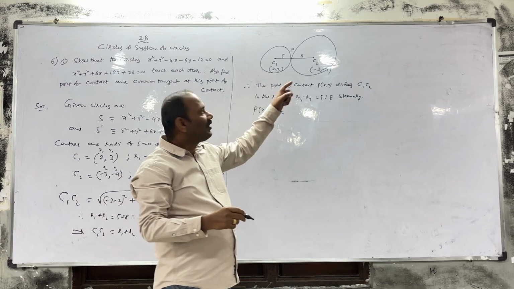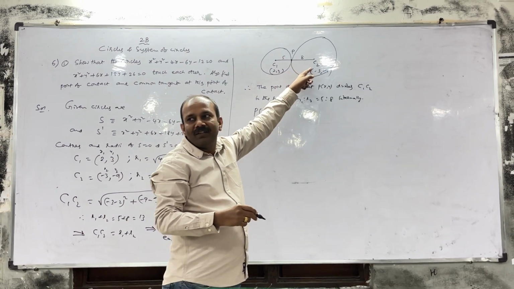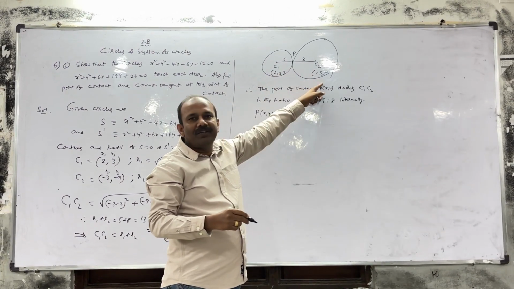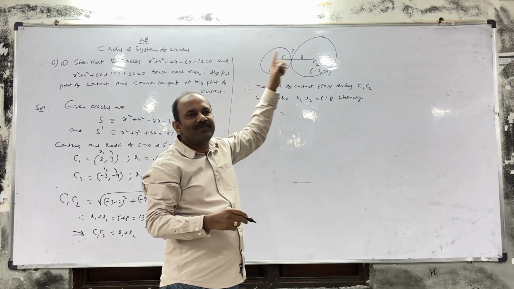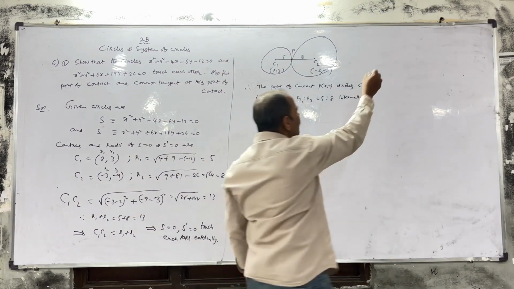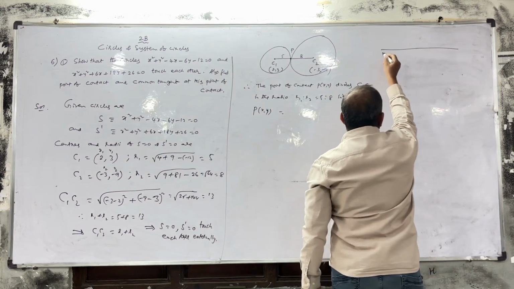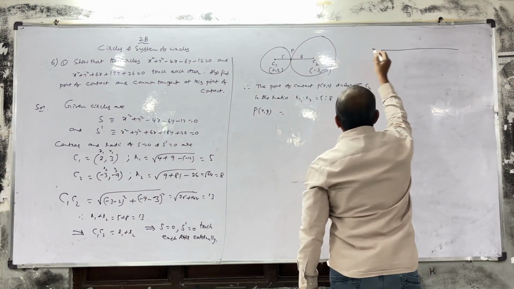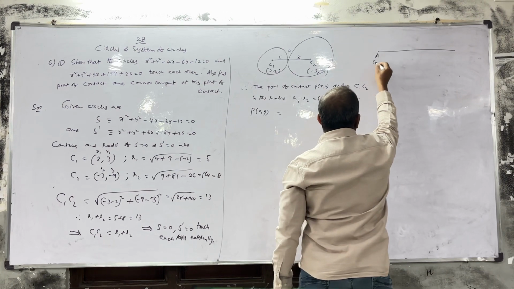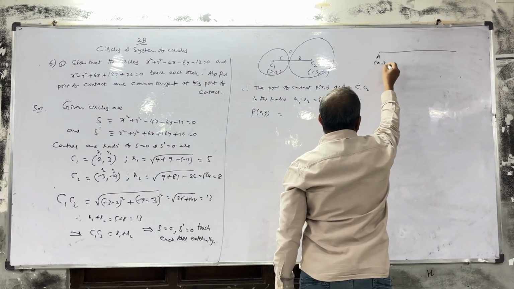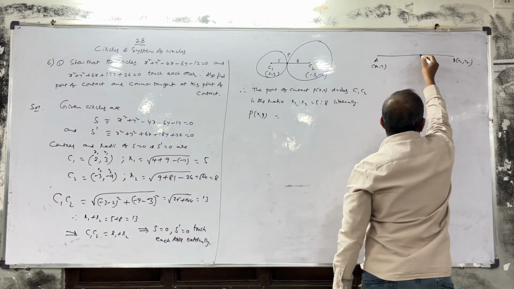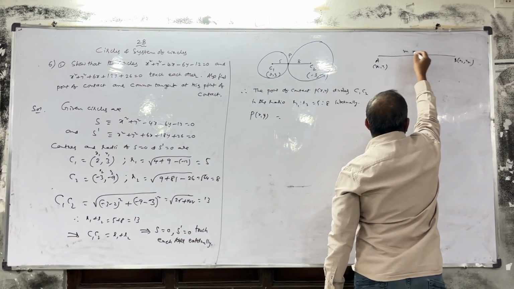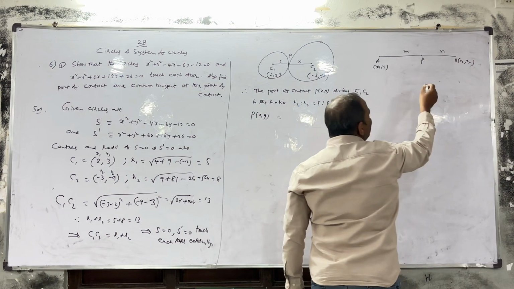Suppose the ratio is m is to n. The formula for x1, y1 and x2, y2 is m x2 plus n x1 divided by m plus n, the section formula. Suppose we take point A, x1 comma y1, and B, x2 comma y2, and the point P divides AB in the ratio m is to n.